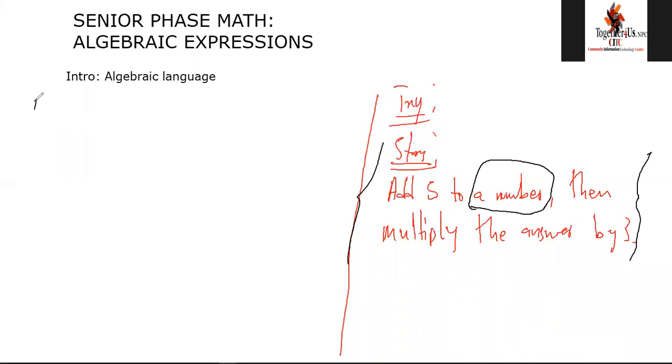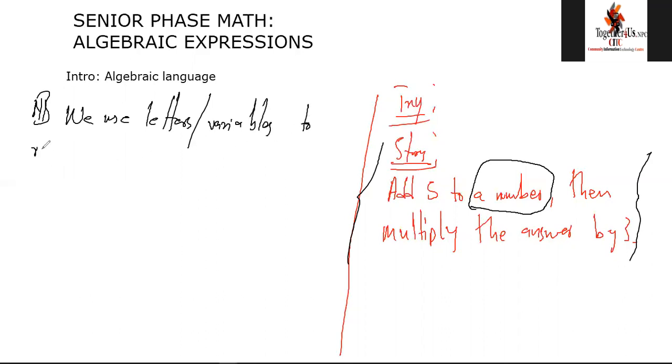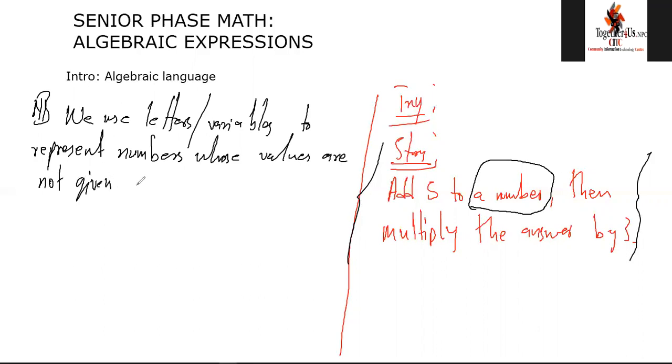letters, okay? So let me maybe note this down for you. We use letters, or you can say variables, to represent numbers whose values are not given, or you can say not known.